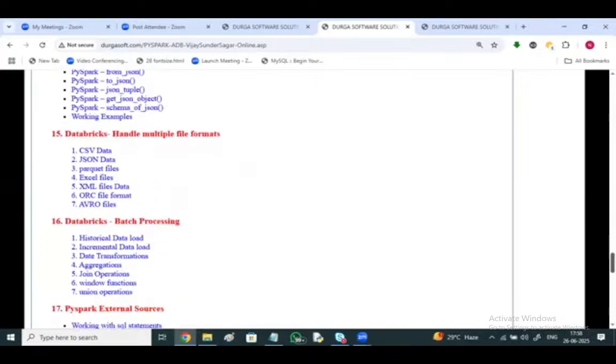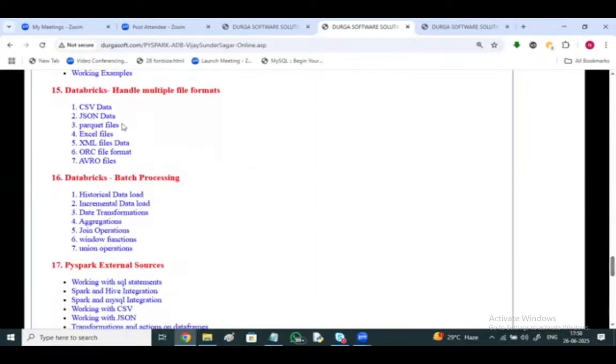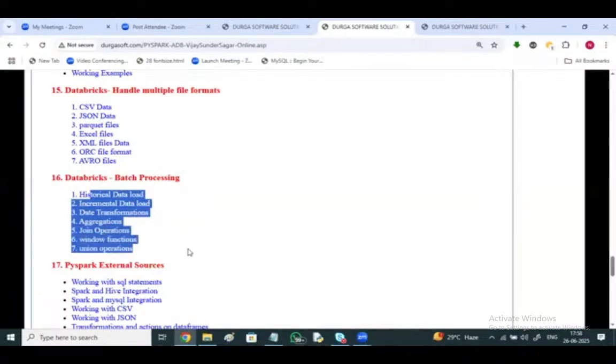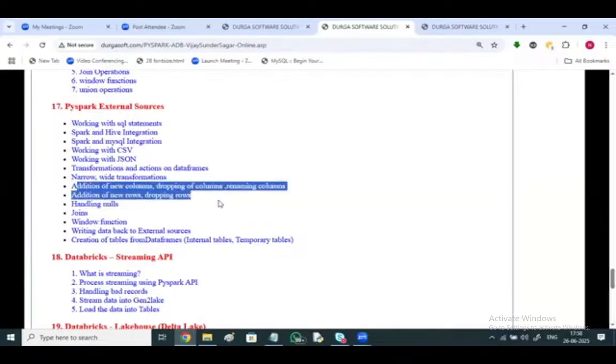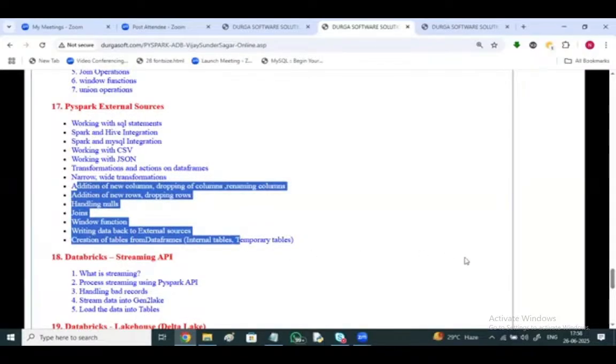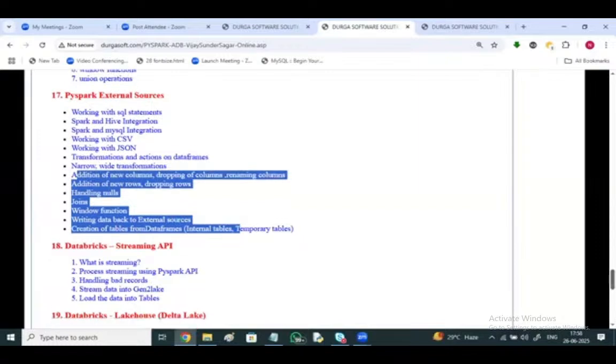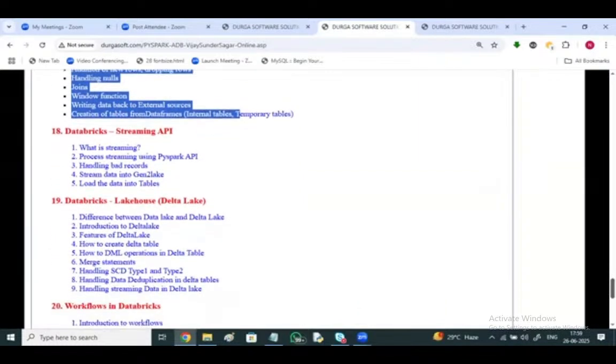We'll also handle multiple file formats: CSV, JSON, Parquet, Excel, XML, ORC and Avro. Then historical data load, incremental data load, aggregations, joins, window functions, union operations, and PySpark external sources integration, narrow and wide transformations, adding and dropping rows, Databricks streaming API, and the Databricks Lakehouse platform.